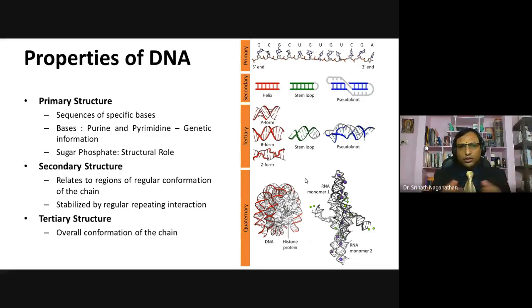That is why we say the primary structure is the sequence of specific bases like A, G, T, and C: adenine, guanine, thymine, and cytosine. The bases are divided into purines and pyrimidines, which give us the genetic information. The strand is present in 5' to 3' and 3' to 5' direction.